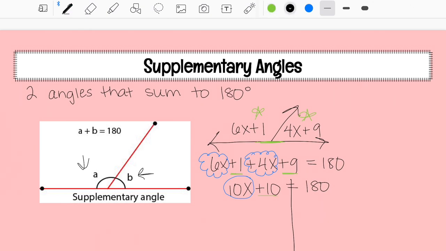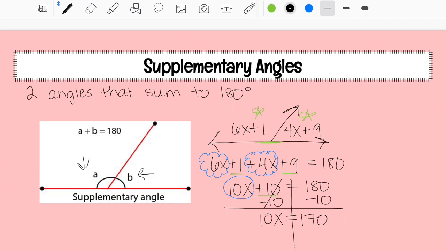And to cancel out a positive 10, I will subtract 10. And remember, if you do it to one side, you have to do it to the other. Your positive 10 and your negative 10 create a zero pair. And all that's left on your left-hand side of the equation is your positive 10x, and that will equal 170.